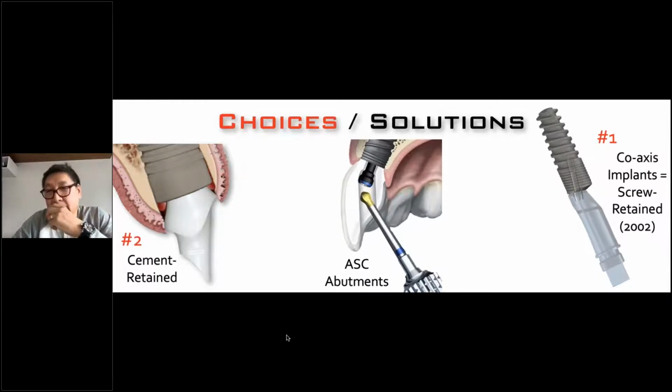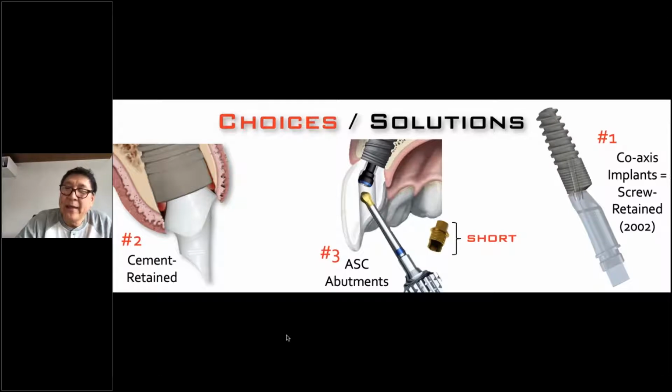And Irina Sala wrote a great paper about the contour of cement-retained abutments and restorations, and what the abutment design should look like. But the third would really be the angled screw channel solutions. I know this is sort of a hot topic, but they have some problems. Number one is that the Ti base tends to be very short to accommodate the angle correction. Obviously, the more angle correction you require, the shorter it needs to be, or it'll come through the buccal aspect of the crown.